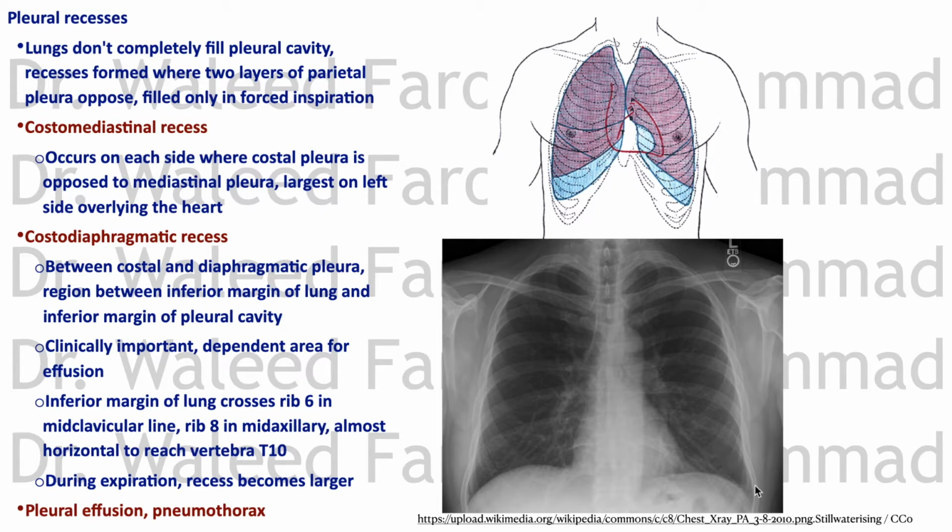Because this is a dependent area, and any pleural effusion or any blood in the cavity will accumulate in the angles and will obscure the angle from the X-ray. It will turn white. Okay, so they should be clear. You should always look for the costodiaphragmatic angles.